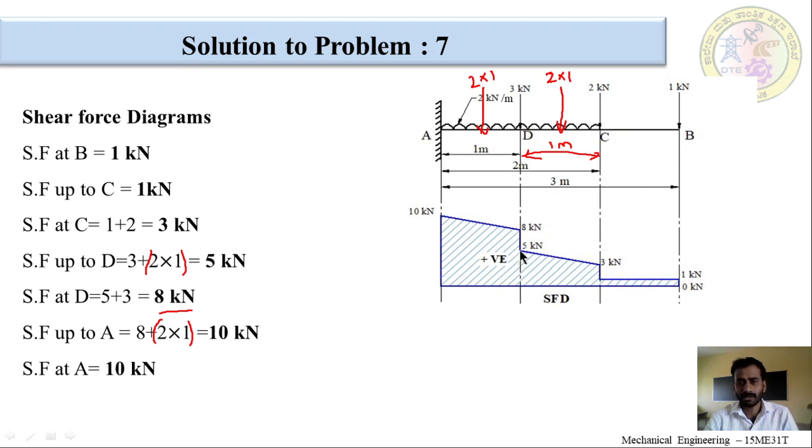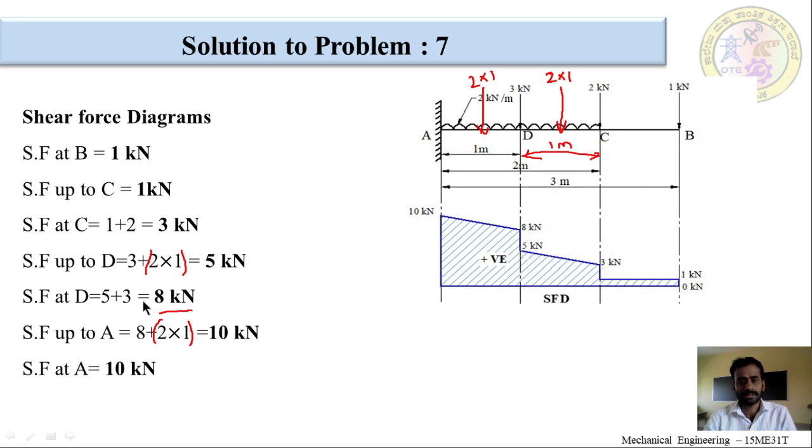So, we can mark 5 kilonewton on this line, which corresponds to D. So, from 3 to 5, that is from C to D, there is a uniformly distributed load. Hence, we have to represent this shear force diagram by an inclined straight line from C to D.